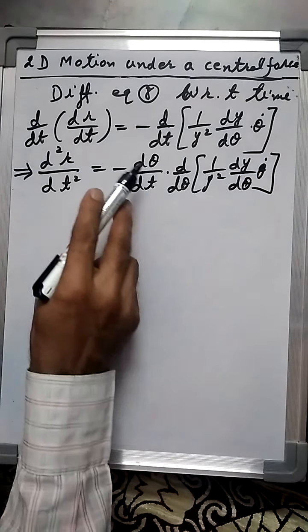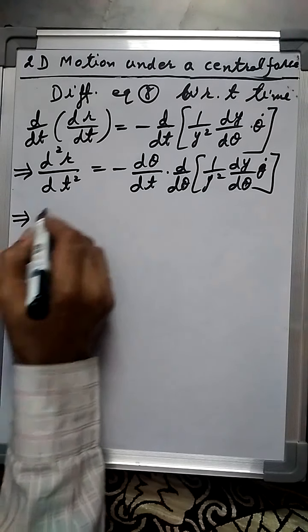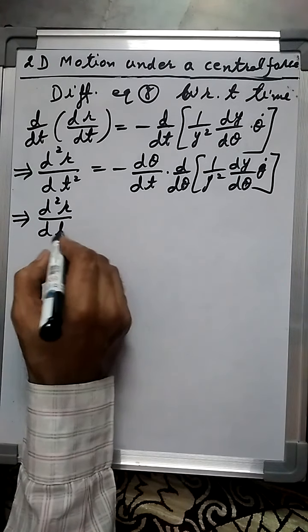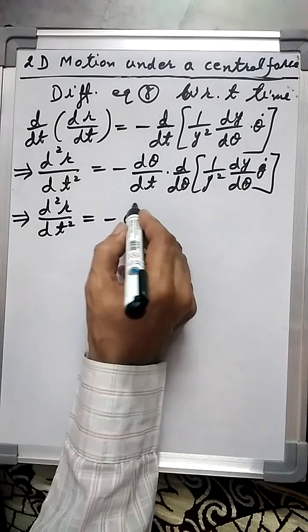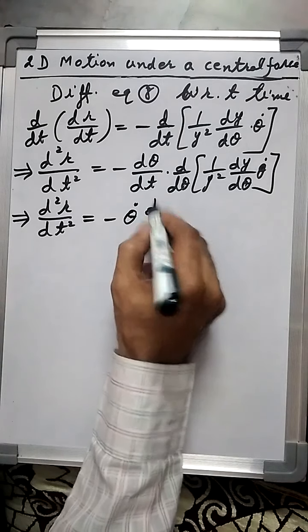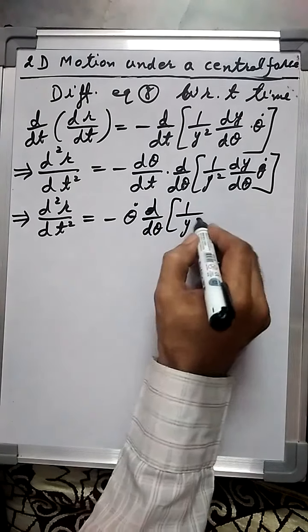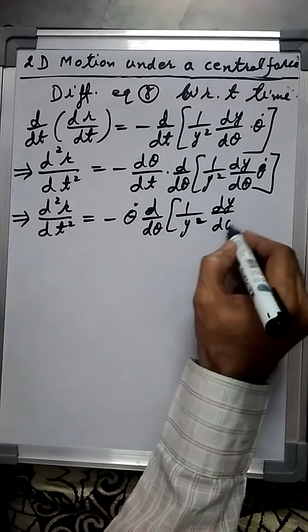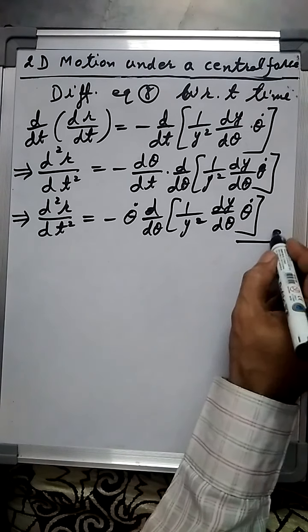I have just multiplied and divided by d theta on the right hand side. This will give us the second derivative of r with respect to time as minus theta dot d by d theta of 1 upon y square dy by d theta into theta dot. Let's call it equation number 9.